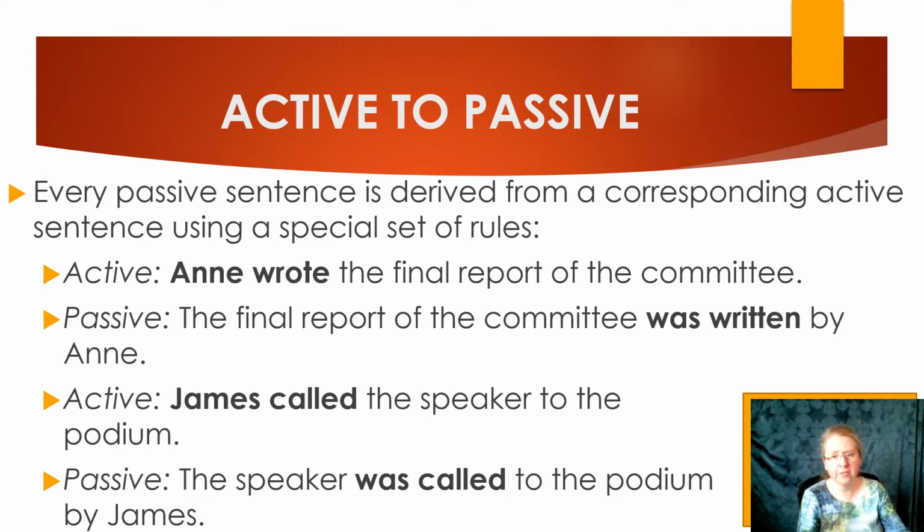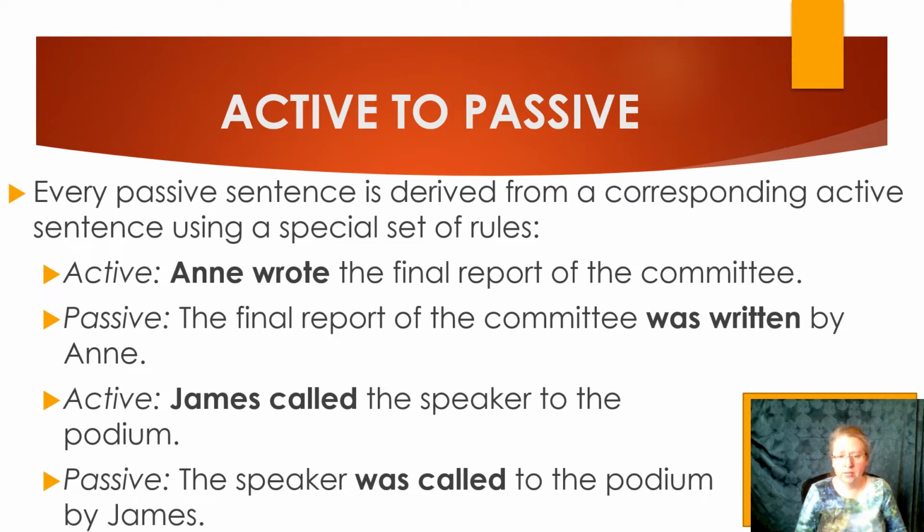So every passive sentence comes from a corresponding active sentence, and it uses a special set of rules to get there. So in this active sentence, Anne wrote the final report of the committee. If I want to change that to passive, it would be the final report of the committee was written by Anne. Okay.